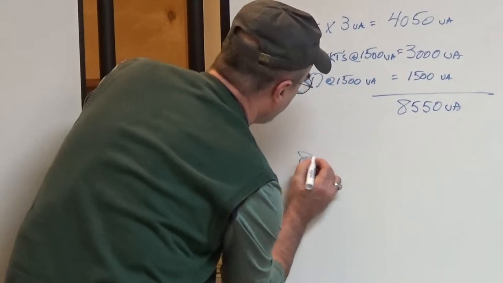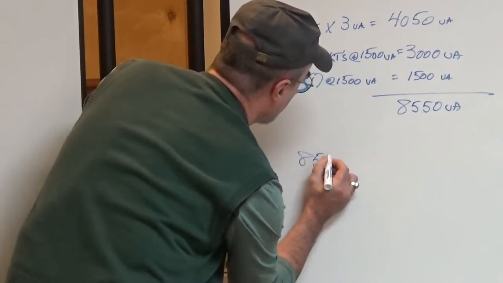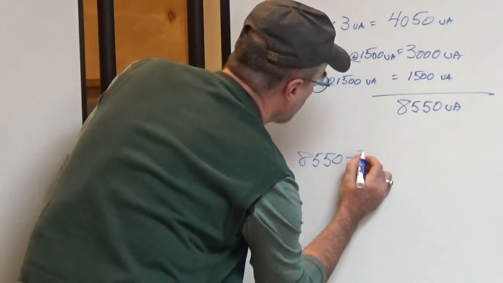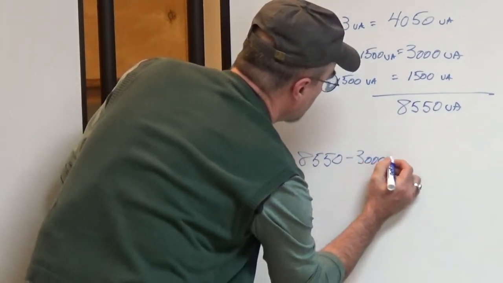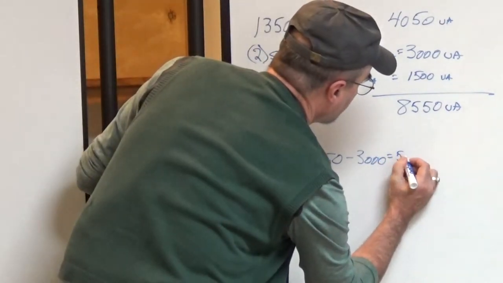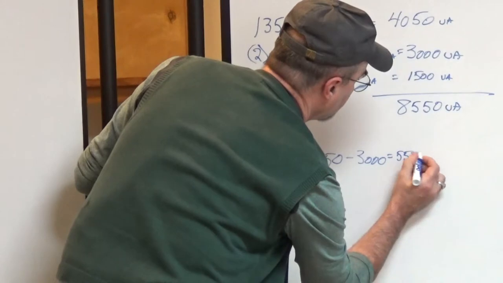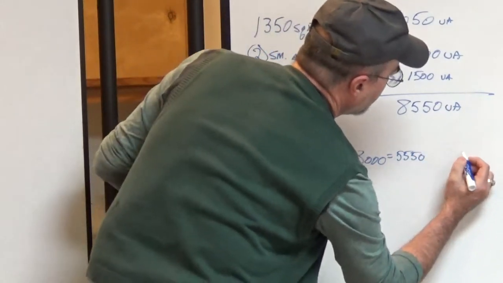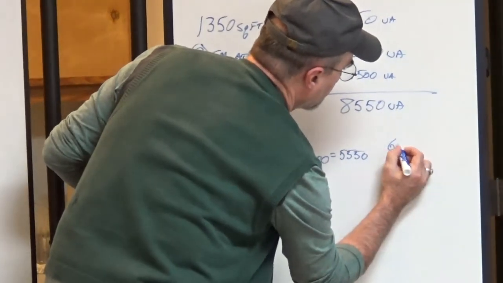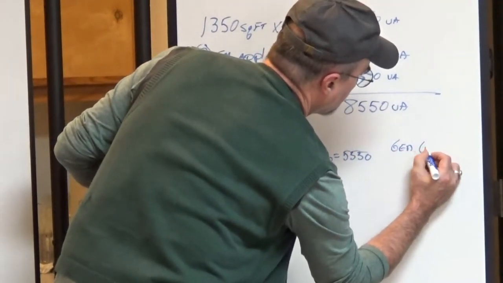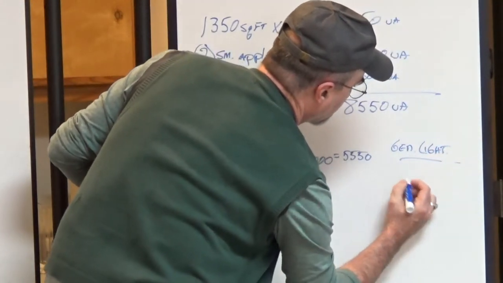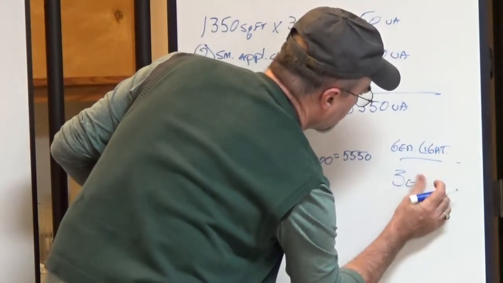Okay. So we're going to go, let's see, 8,550 minus 3,000 is 5,550. So we're going to say 3,000 VA.